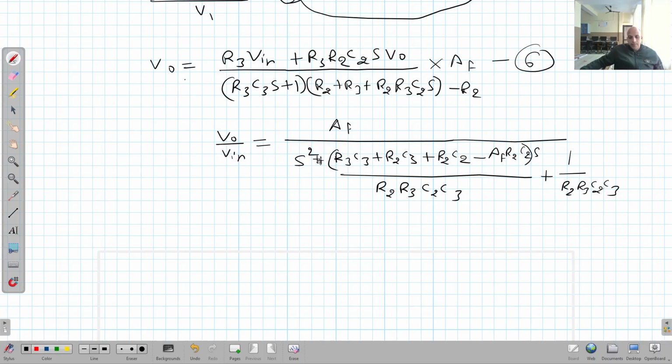So we have simplified this equation. Now let this be equation number 7. We have simplified this and converted it to this form for V output upon V input, right?